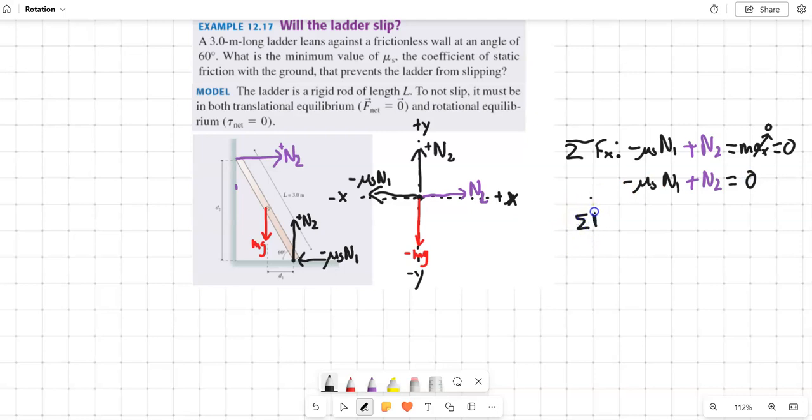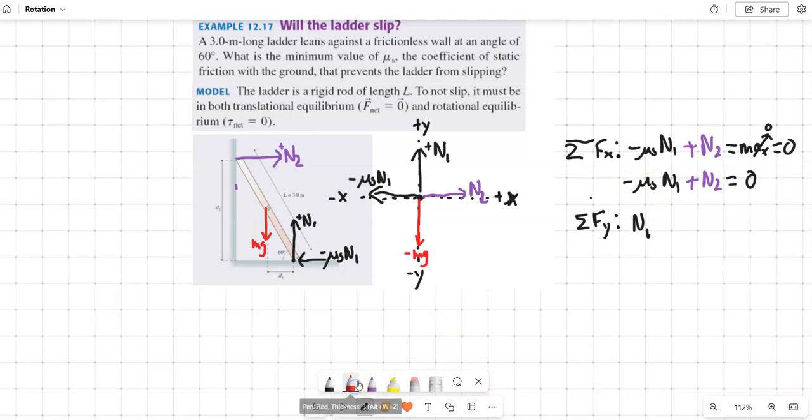Sum the forces in the y direction. So we have N2 pointed up. Well, actually, that should be N1 pointed up. Sorry, this normal force is that friction force. So that should be N1 pointed up. N2 is over here, it's purple. N1 pointed up.